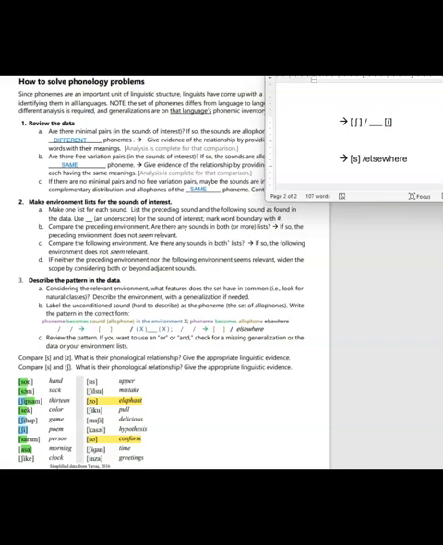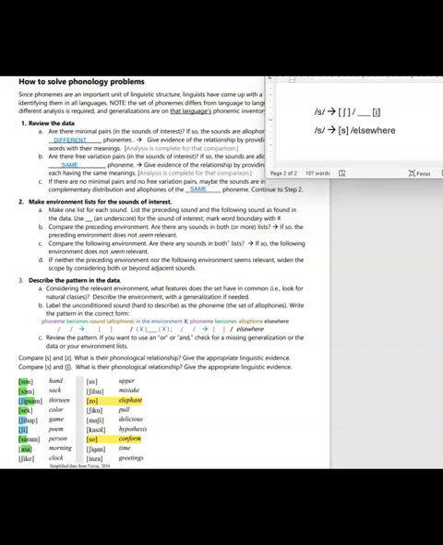Okay, so our conclusion is that s and sh are allophones of the same phoneme, and the evidence that we can give is to describe the pattern.